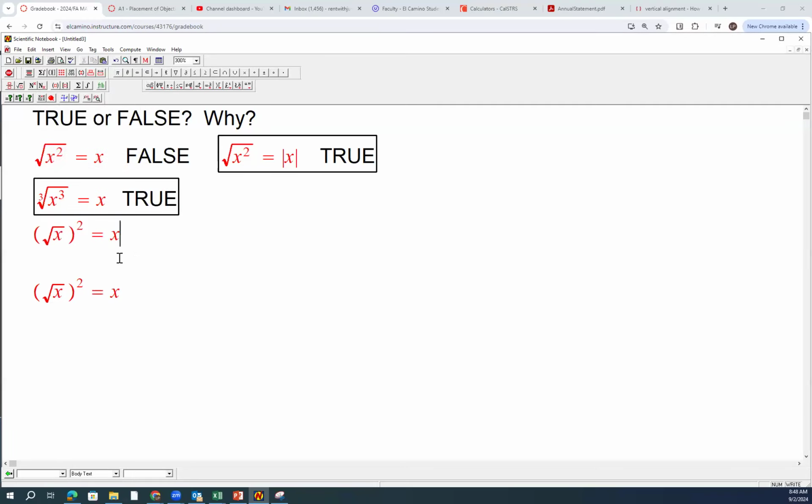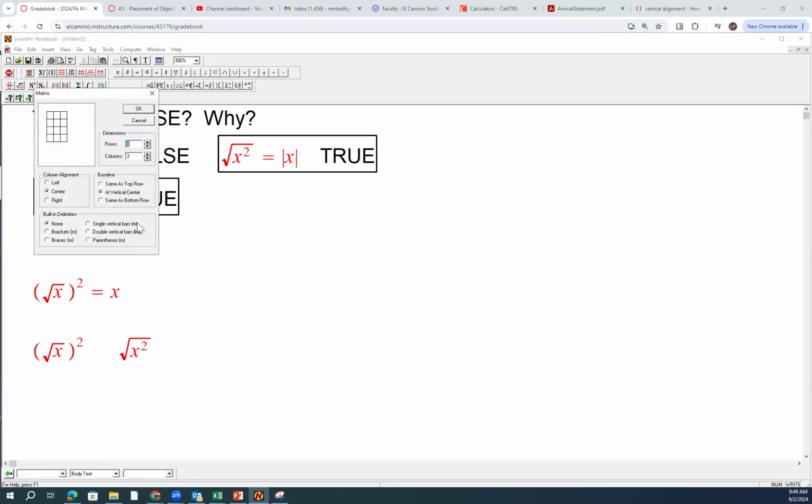All right. Now, what's the difference between these two? One is square inside and the other one is square outside. Well, I'm going to put it in a table to demonstrate the difference.